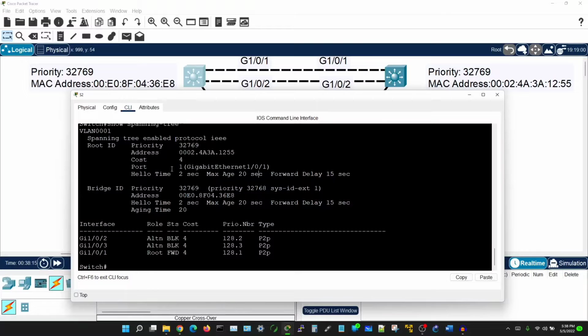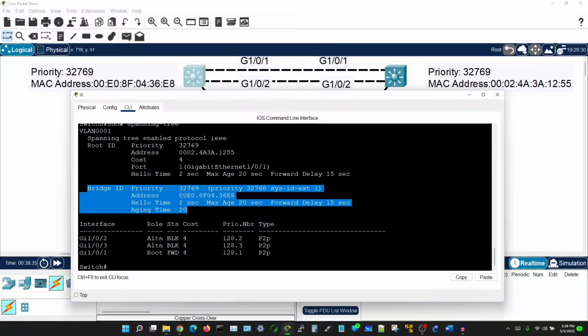That is the information for switch 3 right here. It's telling us that we gathered this information from that switch, which is connected to our port, gigabit 1/0/1. Now our information down here is as follows.